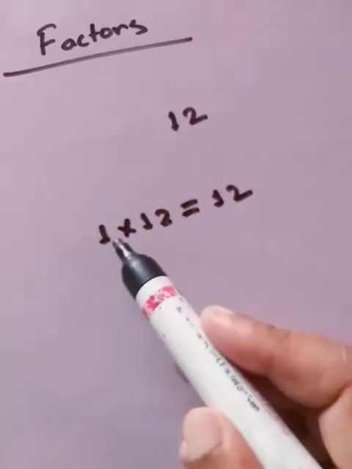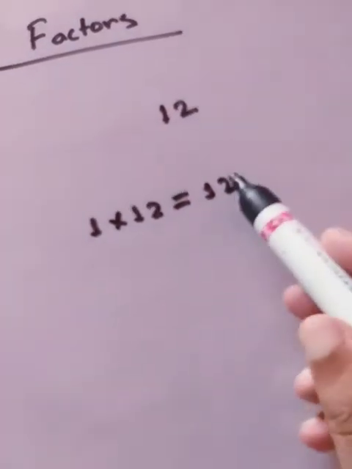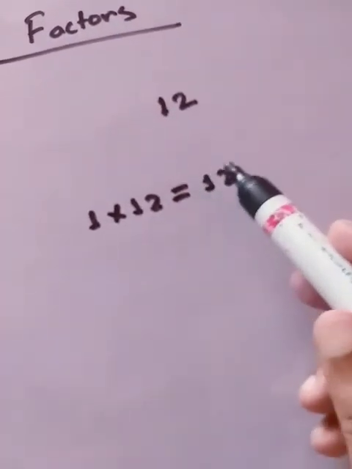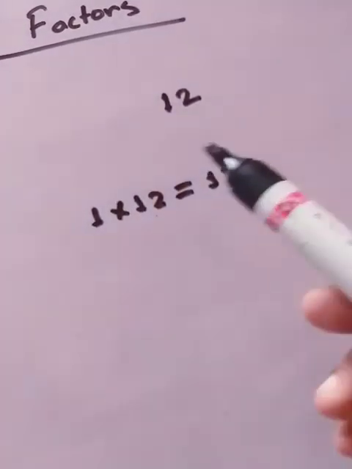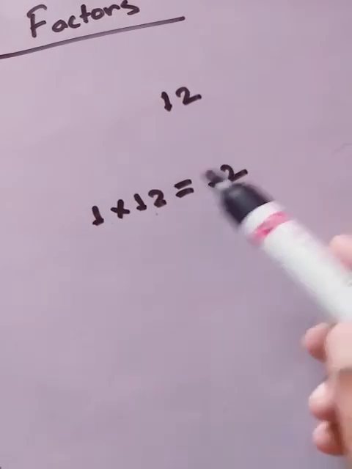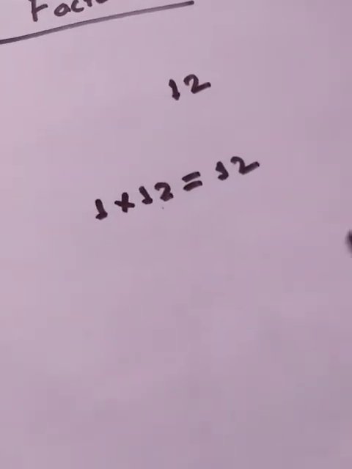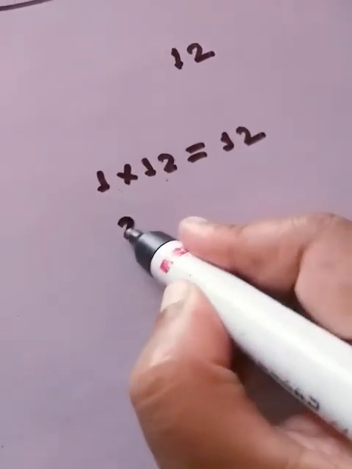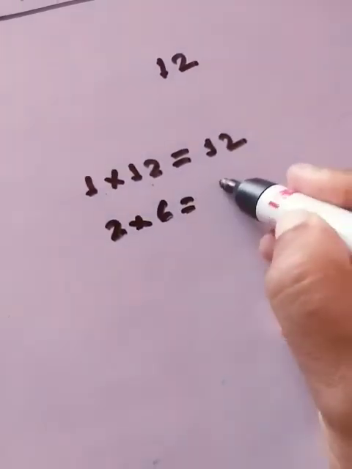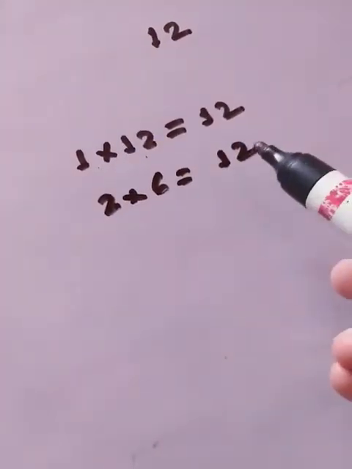So if you multiply 1 and 12, you are getting the product as 12. So when you divide 12 with 1, you will get no remainder. Similarly, if you divide 12 with 12, you will also not get any remainder, the remainder will be 0. Similarly, there is another pair, that is 2 into 6, which will again result in 12 only.